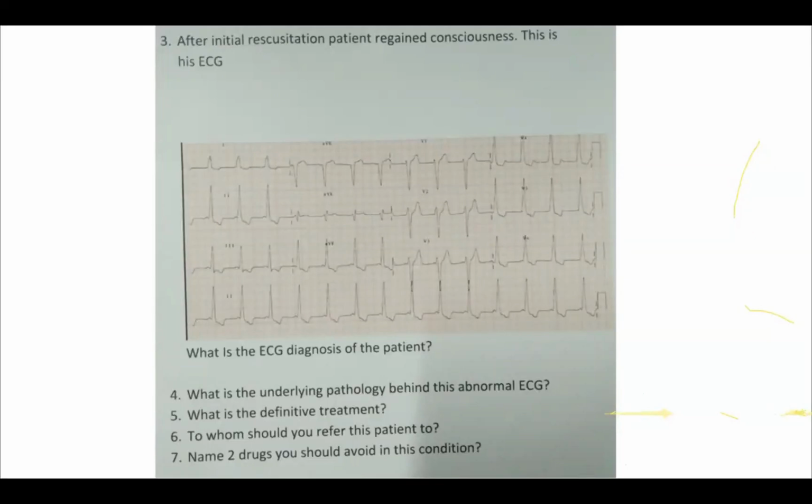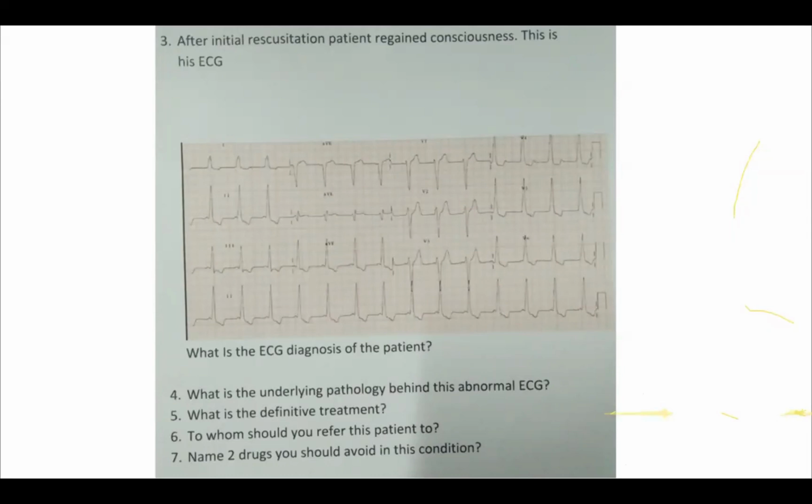To whom should you refer this patient? Yeah, consultant cardiac electrophysiologist. Cardiac electrophysiologists are the people who are doing ablations, right? So you can just mention cardiac electrophysiologist.